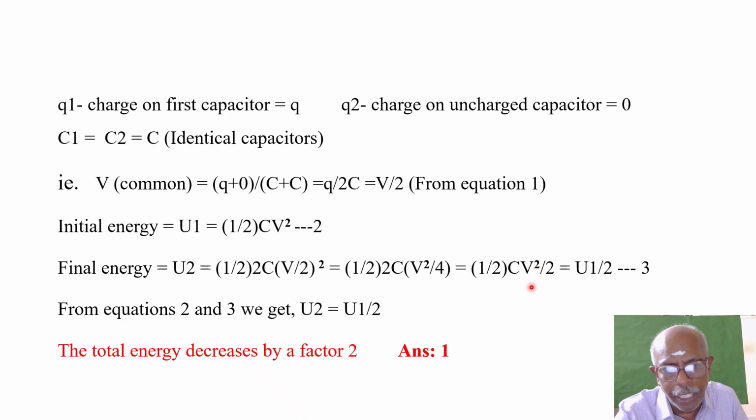Already you have 2 in the denominator, so that is equal to U1 by 2. From equations 2 and 3, you get U2 is equal to U1 by 2. It means the total energy decreases by a factor 2. So option 1 is the right answer.